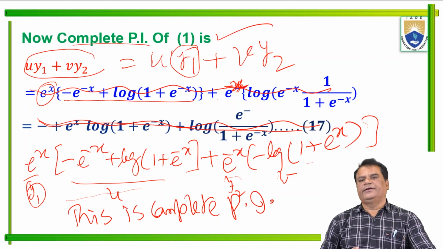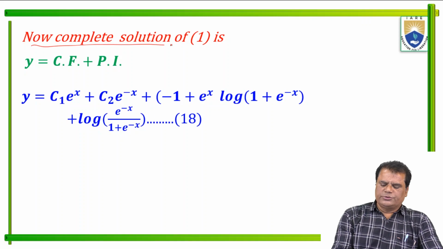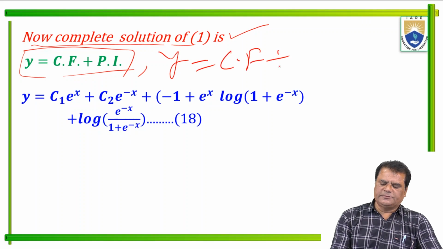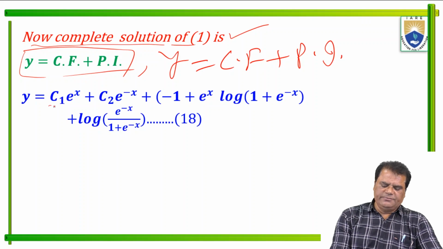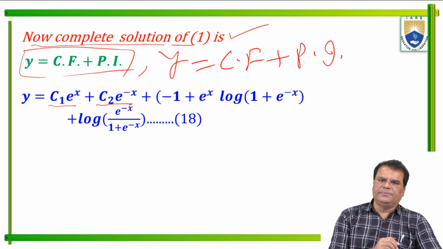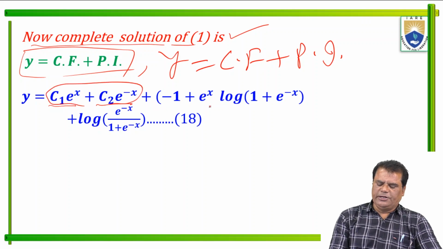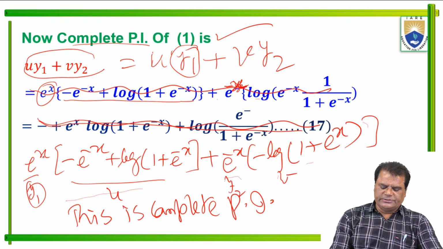Complete particular integral. Okay. Now the complete solution: y is equal to CF plus PI. Complete solution y is equal to CF plus particular integral PI. So CF is c1 e to the power x plus c2 e to the power minus x. This is CF, the complementary function. This is the particular integral. What is the particular integral? Here multiply by minus e to the power x, multiply by this.